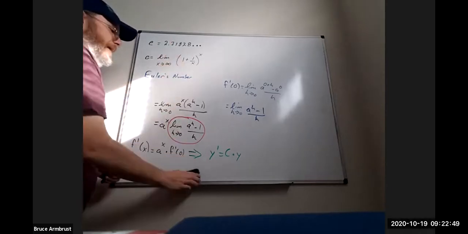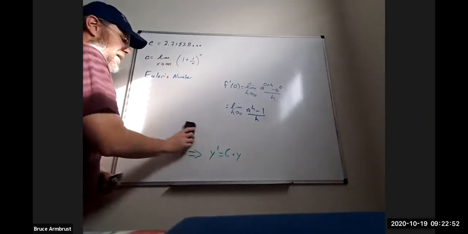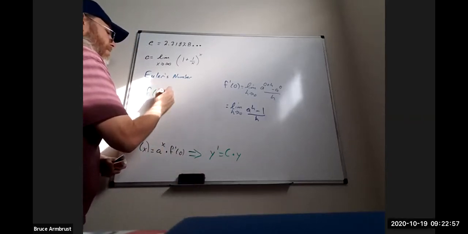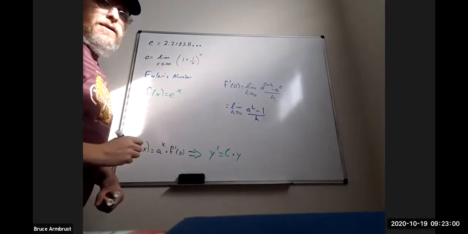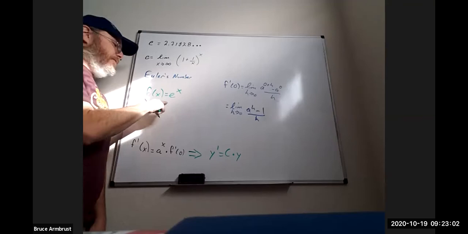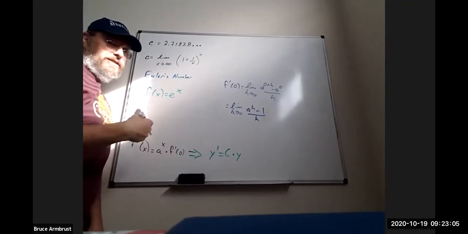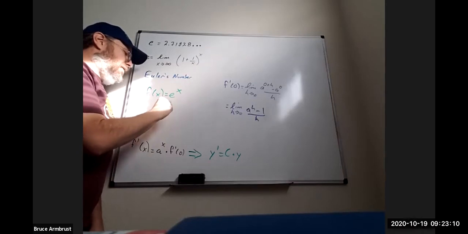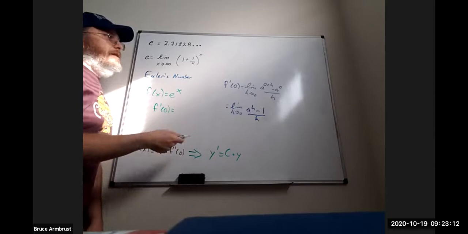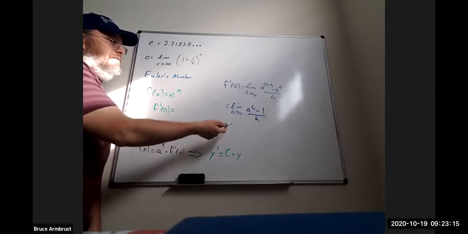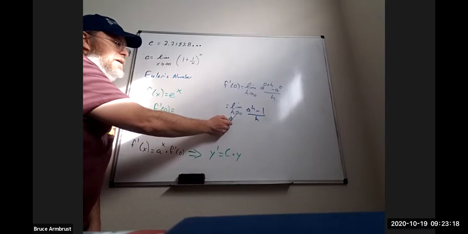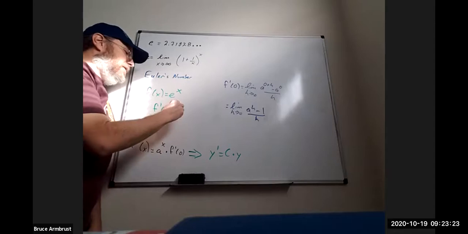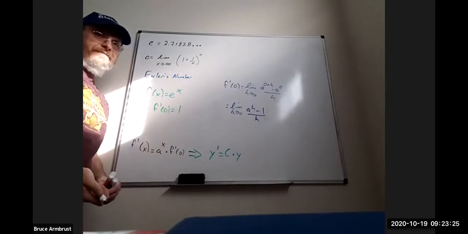Anyway, so we're going to look at e. Now, if we look at f of x equals e to the x, what's cool about this one, and I'm just going to tell you right now, is that if you were to play around with this and go to the limit definition, the limit as h goes to 0 of (e to the h minus 1) over h, what you're going to see is that this goes to 1.